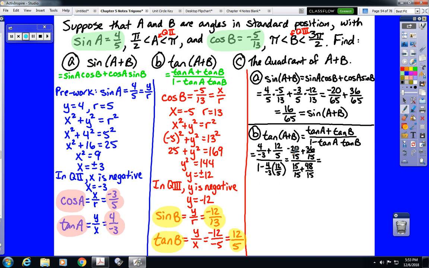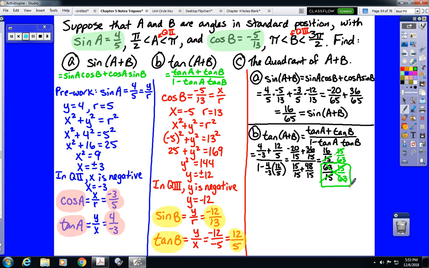Because our next step will be to add these two fractions together. So that would be 16/15 on top and 63/15 on the bottom. Fraction within a fraction. We should know exactly what to do, and that is multiply by 15/63. The 15s would cancel on top, and the entire bottom would cancel.